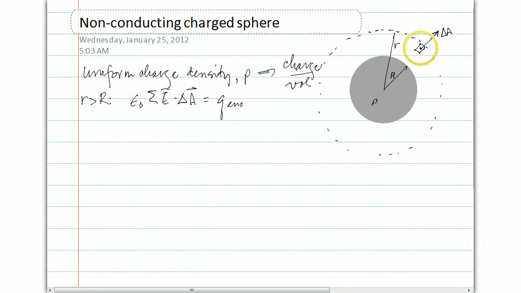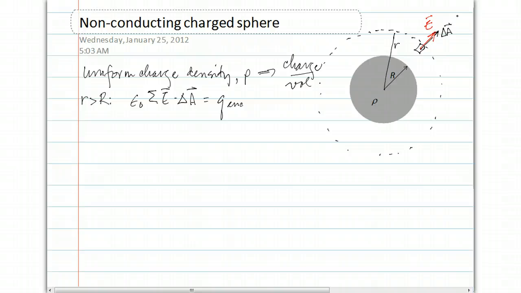At each of these delta A's, we're going to also indicate the direction of the electric field. And the direction of the electric field, of course, is likewise radially outward. So E and delta A for each of these infinitesimal areas will be in the same direction.